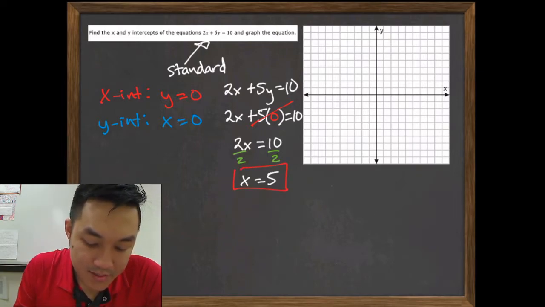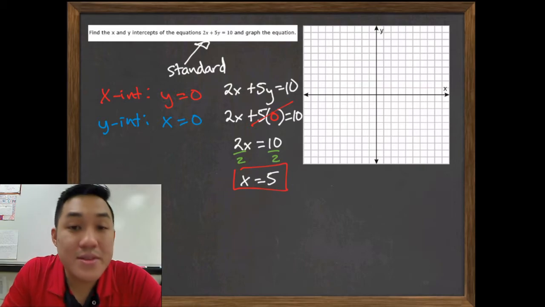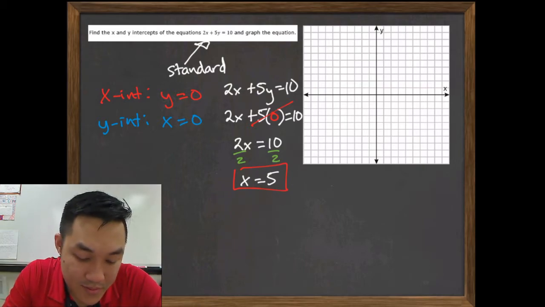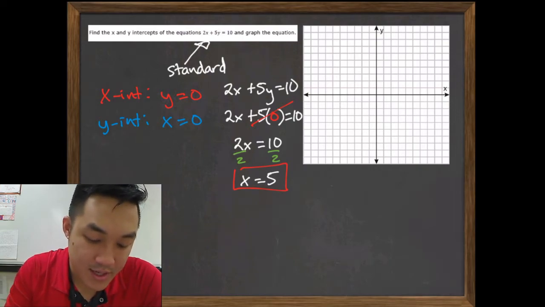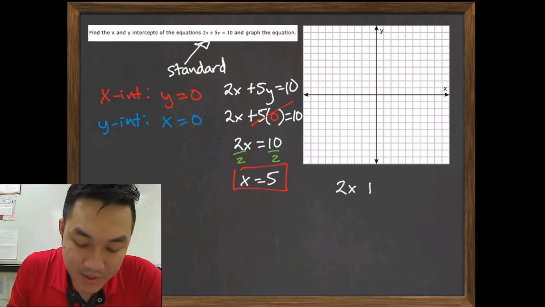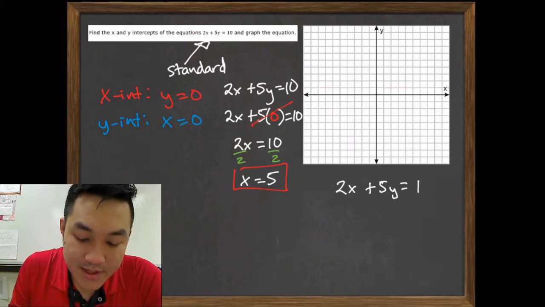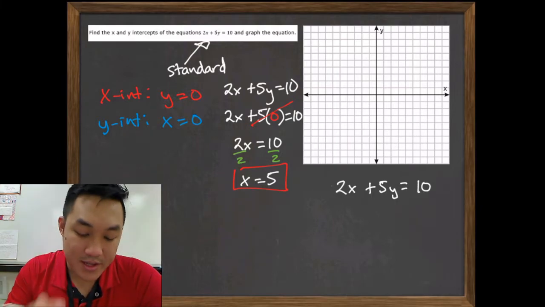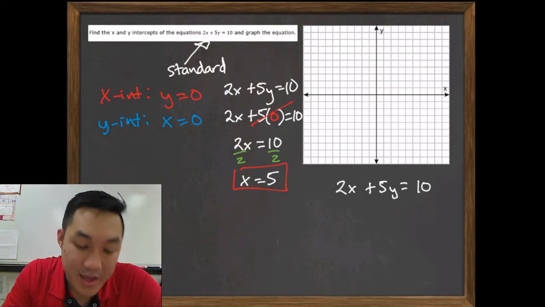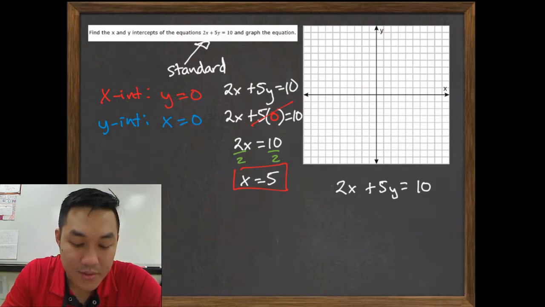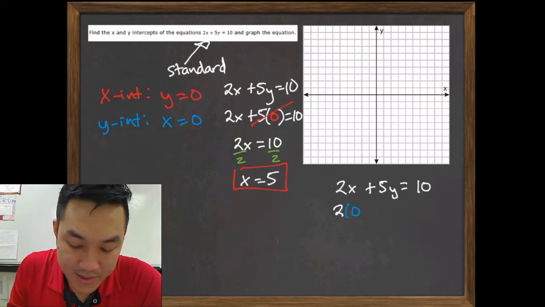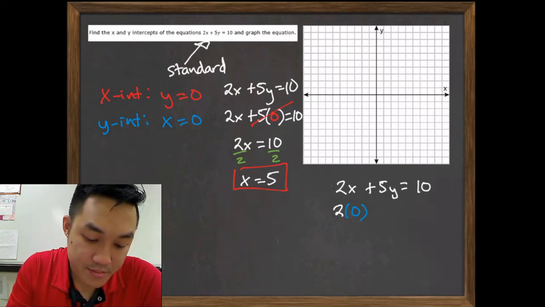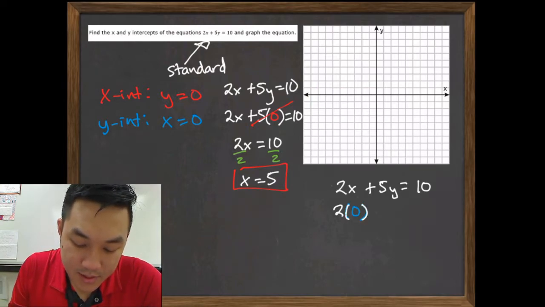Our x-intercept is 5. And if I do the same for the y-intercept, I'm going to do it to the side here. Same equation, but this time, if I'm looking for the y-intercept, I have to plug in x equals 0. So you've got 2, but instead of x, let's plug in a 0, and bring down the rest.